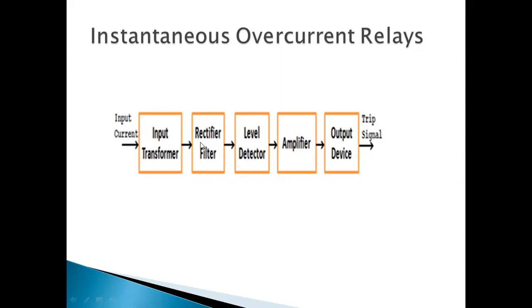Level detector means what? Here your pickup value is already set. By using the current setting we can set the pickup value for the relay, right?